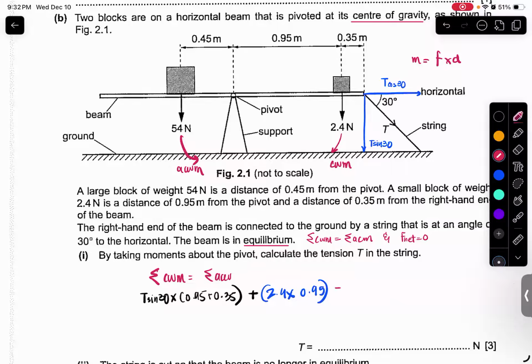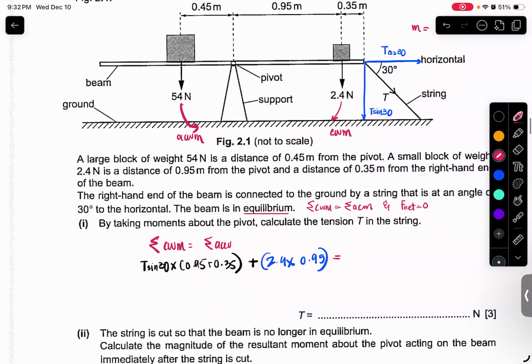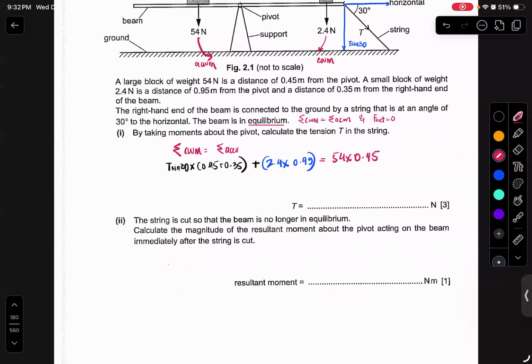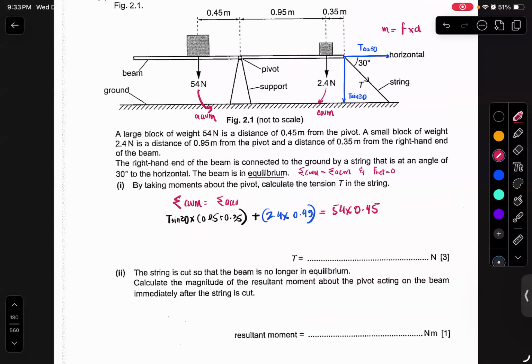Now, do we have an anti-clockwise one? Yes, we do. That's just going to be 54 multiplied by pivot 0.45. That's it. Pretty easy question. I'll calculate what T is. I want you to read part 2 and see what the answer could be.